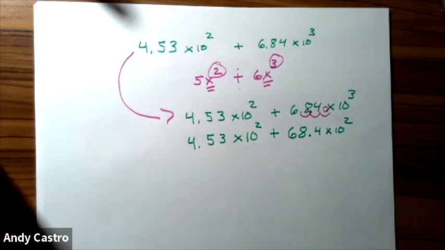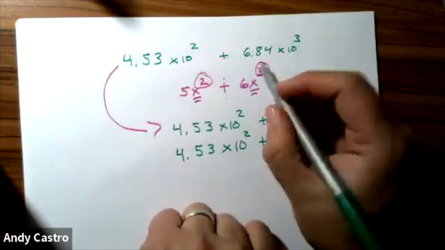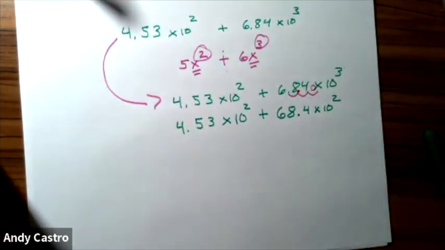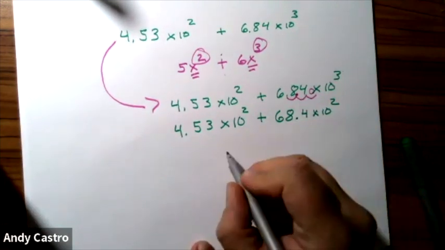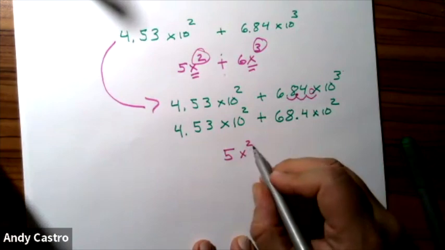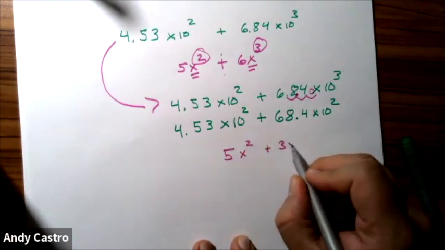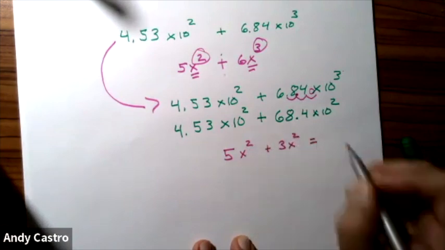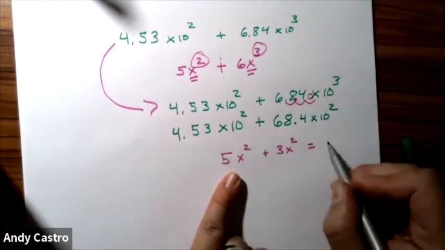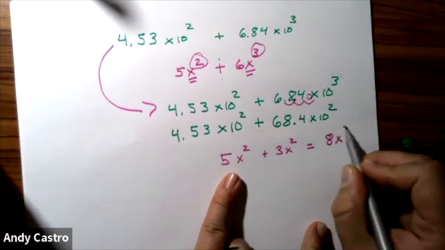So what that allows me to do is combine like terms. So again, let's say I have to kind of remember back to 5x to the second power plus, let's say, 3x to the second power. How do I combine those?